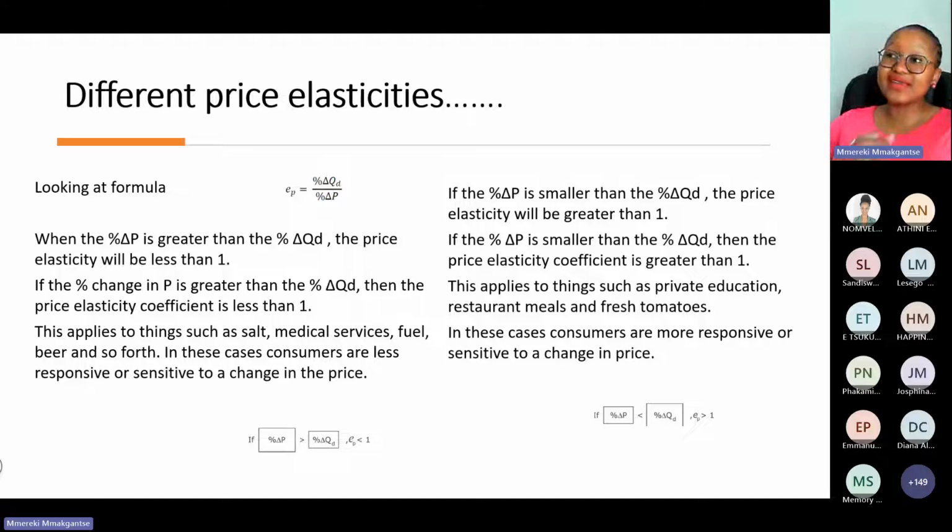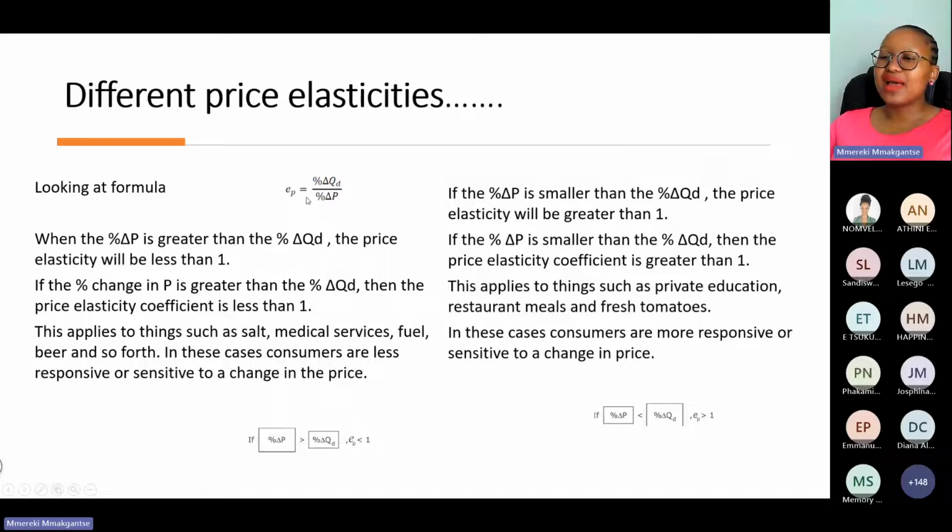So now we are looking at the difference between price elasticities. We have three price elasticities, the key ones that we're going to be discussing, and then later on we'll discuss the two theoretical ones, and I'll also be providing examples. So when the percentage change in price is greater than the percentage change in quantity demanded, the elasticity will be less than 1.